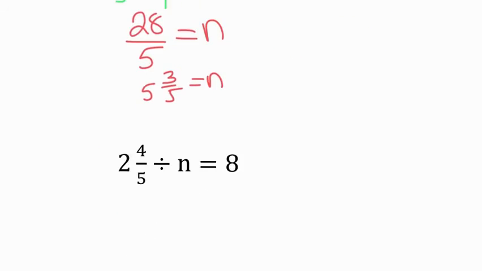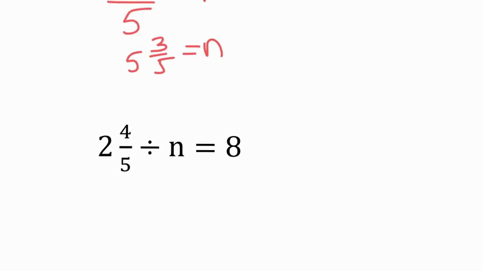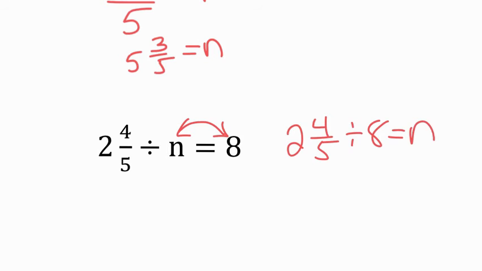So finally, my last one, 2 4/5 divided by n equals 8. So I'm going to start with my fact families. Again, I have a division, so let's flip this and see if that helps. 2 4/5 divided by 8 equals n. I could stop there because n's by itself. I don't have to write the rest of the fact families, which I will just to show you again.